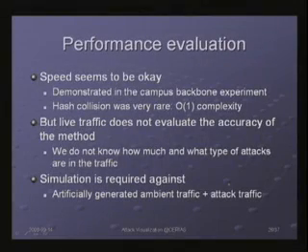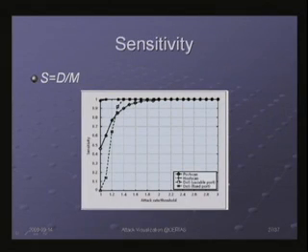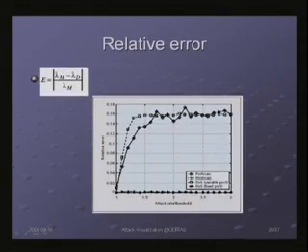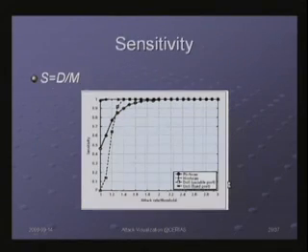But anyway, we went ahead and generated it using the distributions from earlier works. We generated the ambient legitimate traffic, added the attacks to that traffic, and checked whether the software catches those attacks. We measured the sensitivity, relative error, and false positive rate.